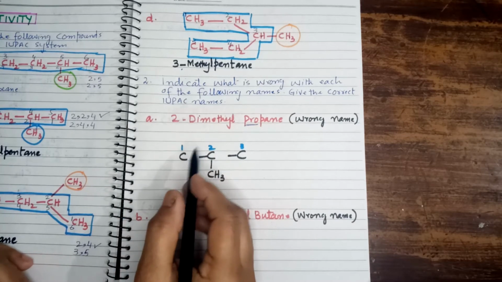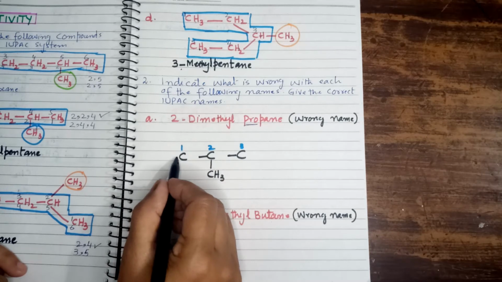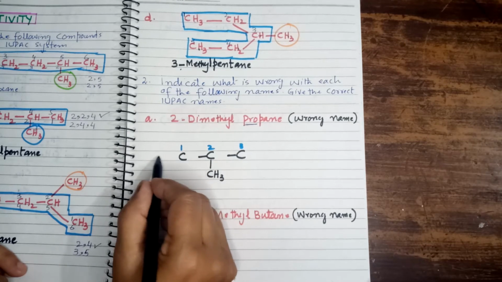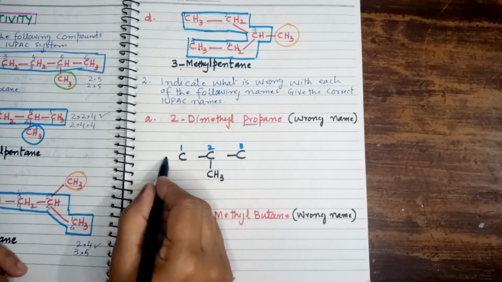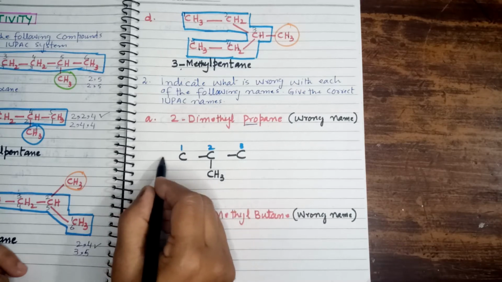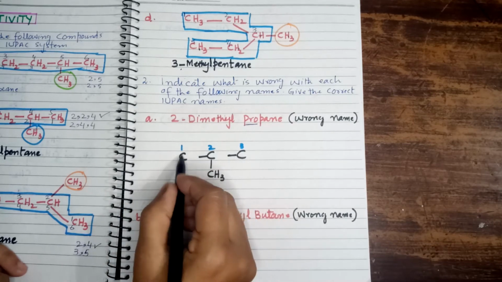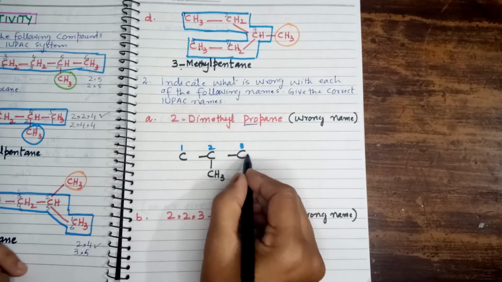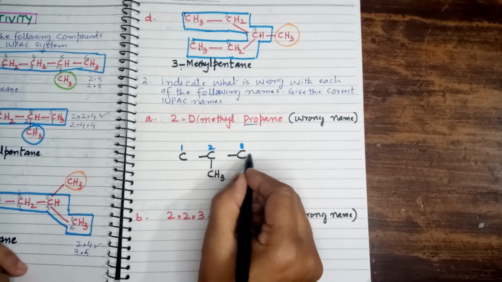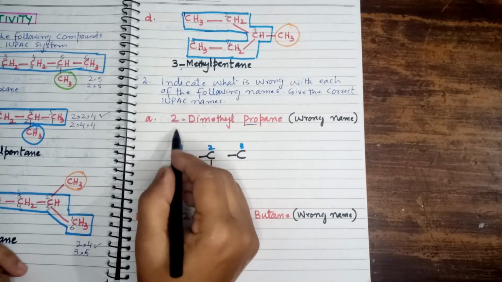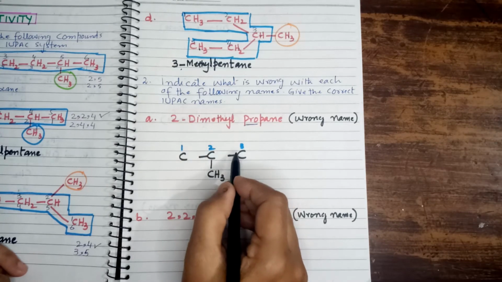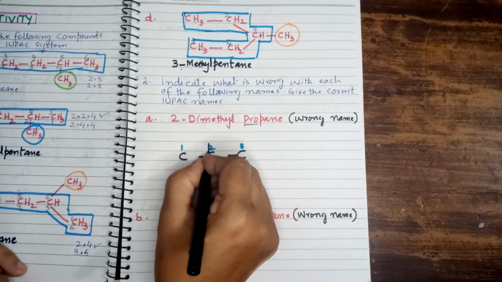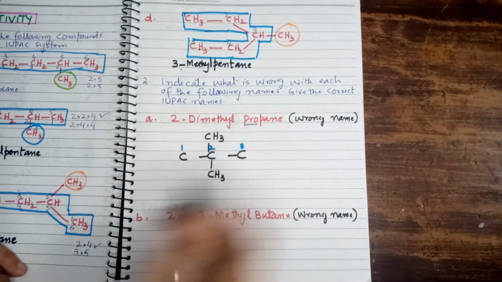Now if we attach the second methyl radical with carbon number 1, it would come in continuation and become a part of the parent chain. Similarly, if we attach the second methyl radical with carbon number 3, again it would come in continuation, and it becomes part of the parent chain. So we will not attach the second methyl radical with carbon number 1 or 3. Obviously, we attach the second methyl radical with carbon number 2, right?